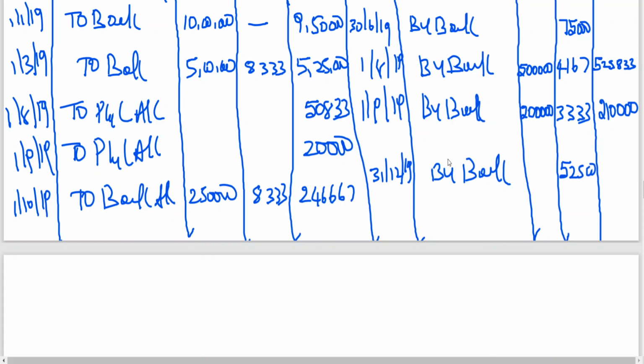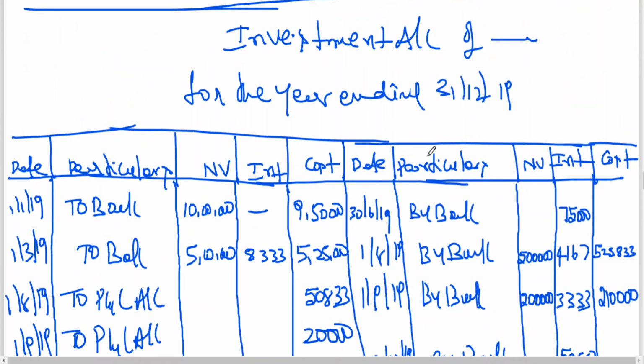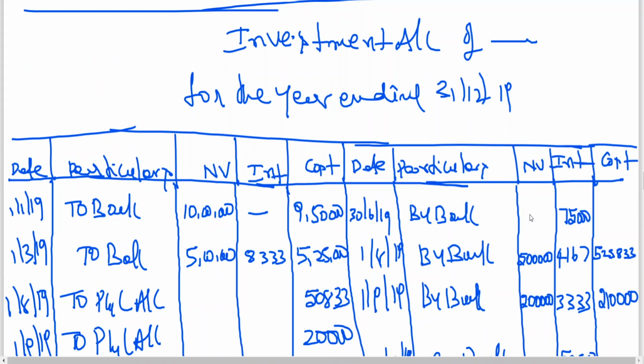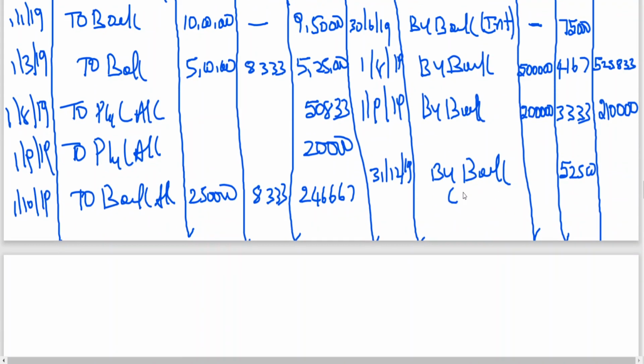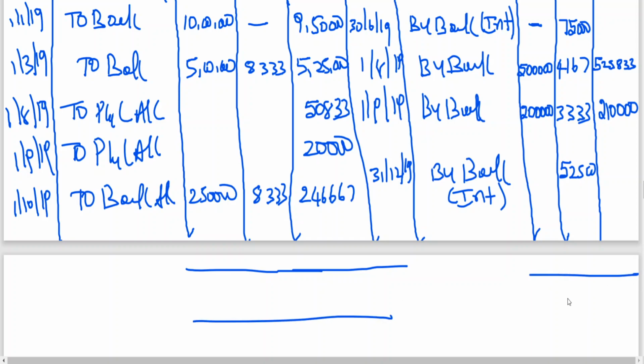For writing the interest, no need to write nominal value. Nominal value is not required. This is interest received from the company where you have invested your amount by buying the debenture. Now you can close these columns.